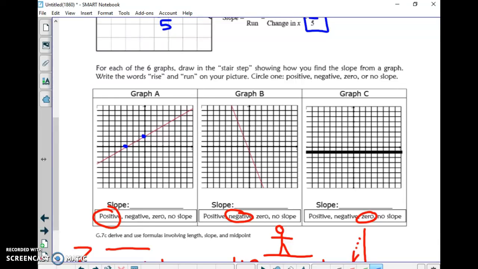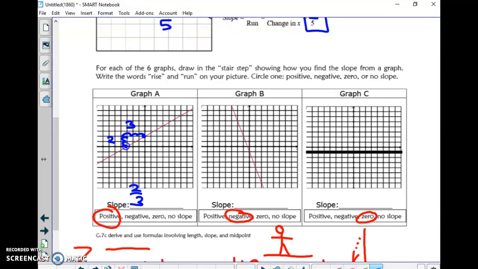You pick your two points, go from left to right, and count rise and count run. We rise 2, up, so it's positive, and then we run 3, which is positive, so 2 over 3. If you need to, reduce it, and if you're not sure, just type it in the calculator and it'll reduce it for you.